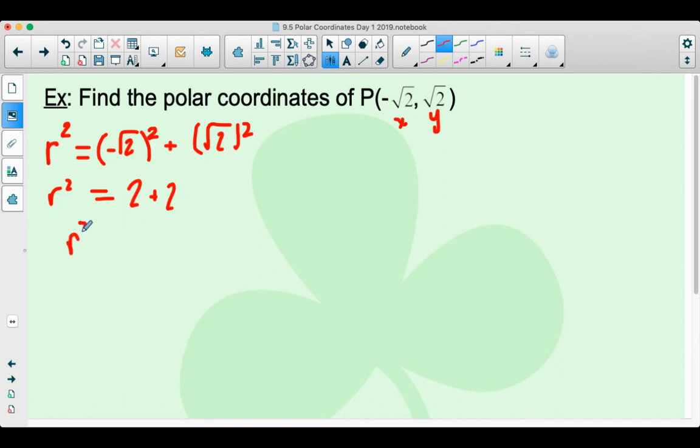And this also leads into how our R values can be positive and negative. So this means R can be positive or negative too, because we're taking the square root of both sides. And we'll play around with this in terms of our angle.